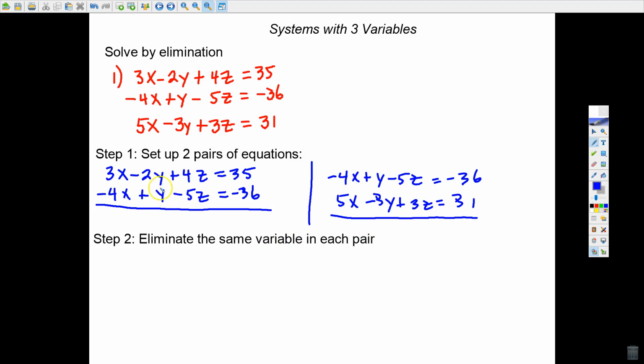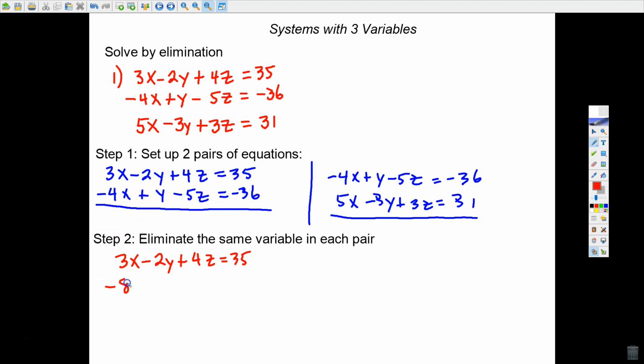Okay, and then an important next step is to eliminate the same variable within each pair. And we've already established, we looked ahead and we know that y is going to be the variable to eliminate. So the way I'm going to eliminate y in this left pair is I'm going to multiply by 2 across the bottom, and then I'm going to add the 2 equations together to eliminate y. So I'm not going to do anything to the top equation. And I'm going to multiply by 2 on the bottom to create opposite terms with y.